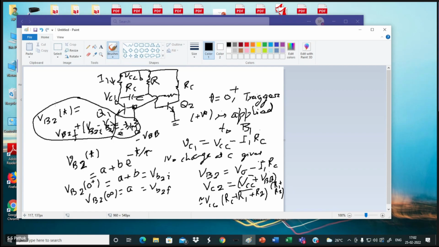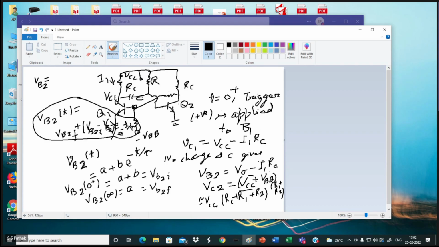Shall I write the value and then I go to the next page? That is better then. I can write here VB2 is nothing but, what is my VB2F? At t equal to infinity, remember? At t equal to infinity, it was on state, okay?